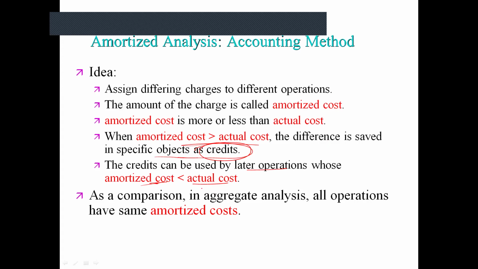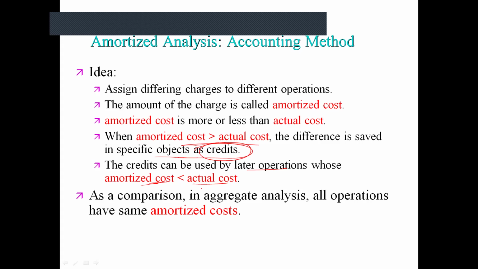Some of the operations are expensive whereas some are least expensive. So when operations are least expensive, we charge something from them. Later, when an expensive operation comes, we take these credits that we got from the least expensive ones and give them to the more expensive one so that it does not have to bear too much.